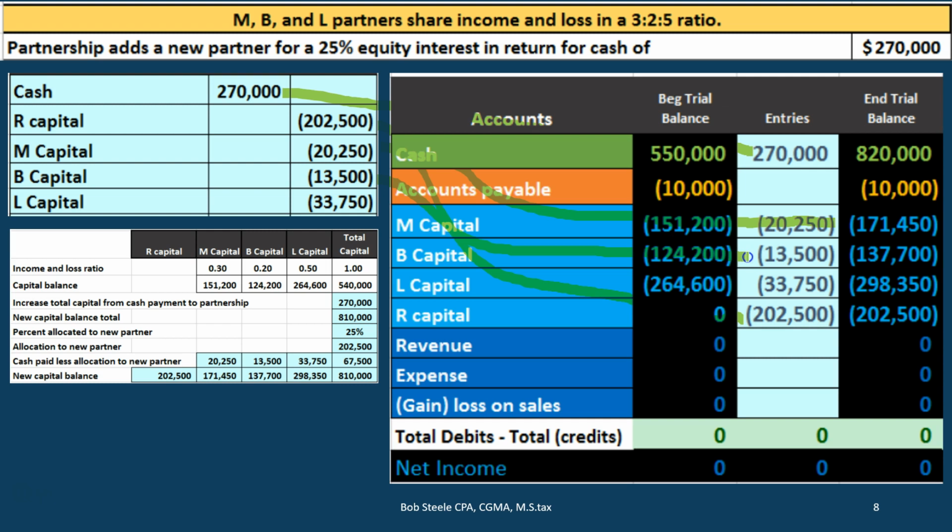We're doing the same thing to it, being a credit of 13,500, increasing the capital account to the 137,700. And then L's capital account has a credit balance. We are going to do the same thing to it, increasing that capital account balance from 264,600 by 33,750 to 298,350. Now, of course, the assets, the cash minus the liabilities, accounts payable, will equal our new capital account balances, which will then add up to the 810.